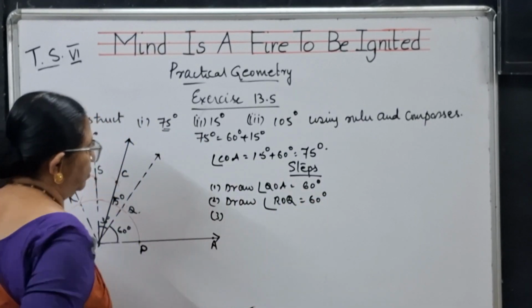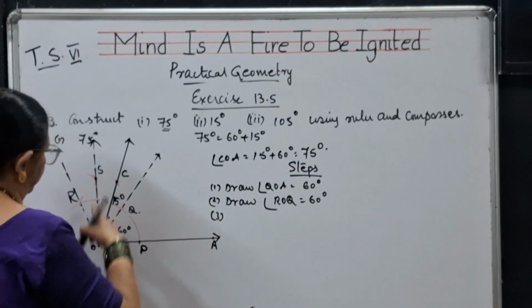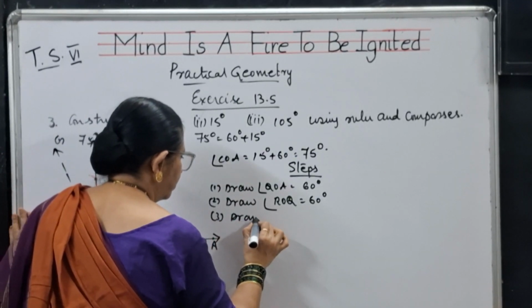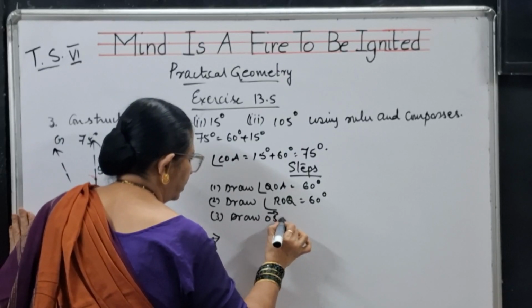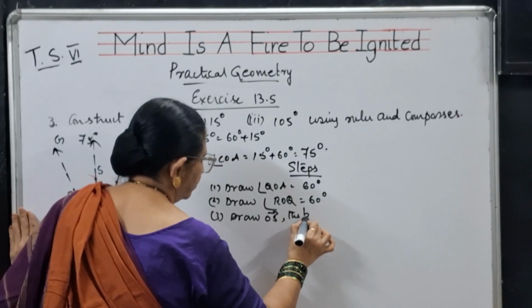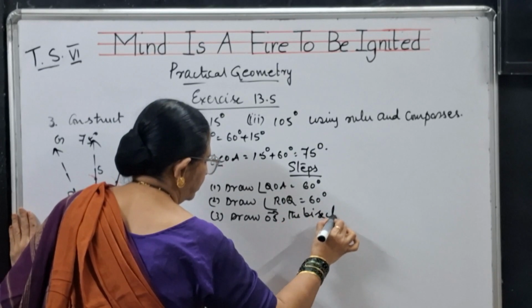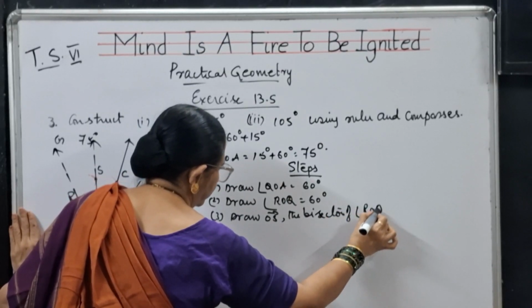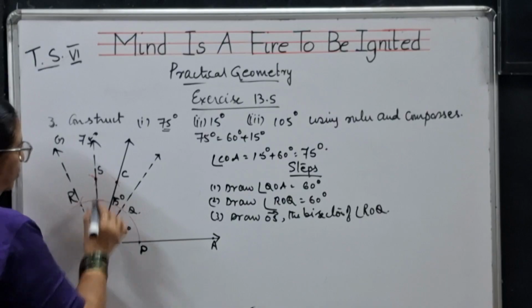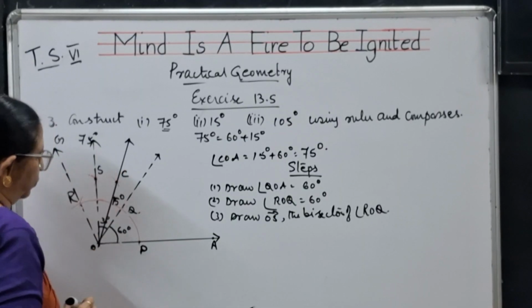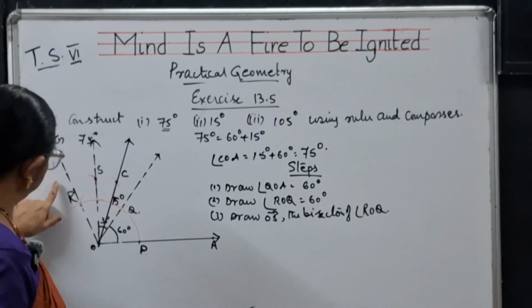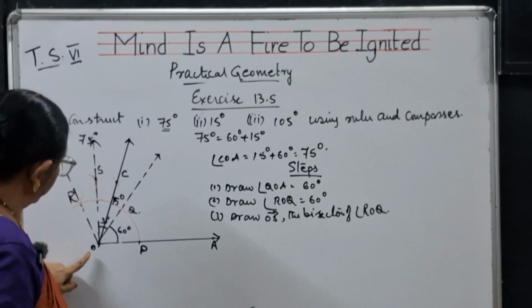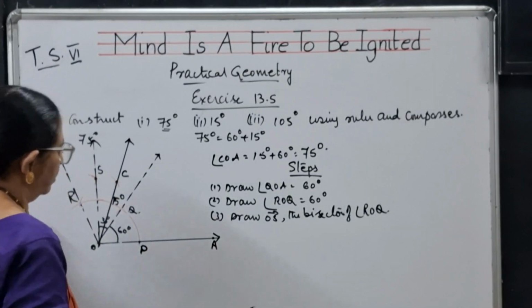And what did you do? Next one, draw OS ray, the bisector of angle ROQ. So what is angle SOA?